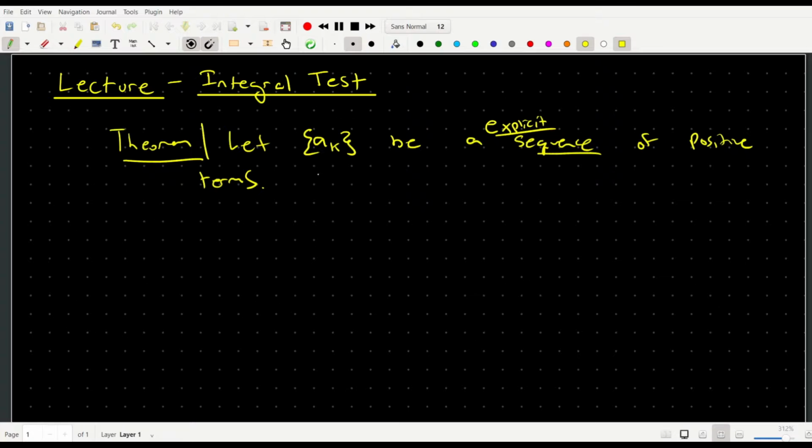So specifically we have that a_k is equal to some function f of k, the kth term of the sequence, and this explicit function f is positive, continuous, and decreasing. So it's continuous, positive, and decreasing.